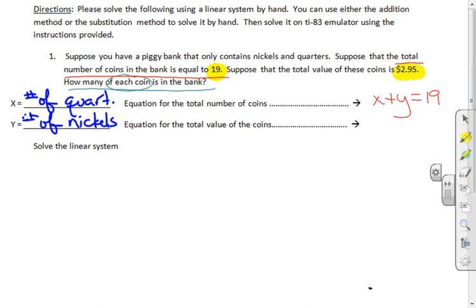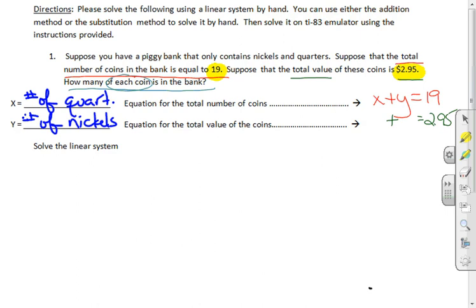The second one is trickier. Okay, the second one, I'll do it in green. It's where they talk about value. Okay, suppose that the total value of these coins is $2.95. Well, again, it does seem like I'm adding something. I'm going to get $2.95 when I do it. Okay?